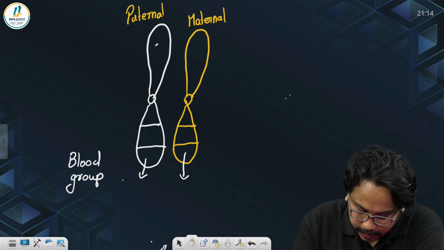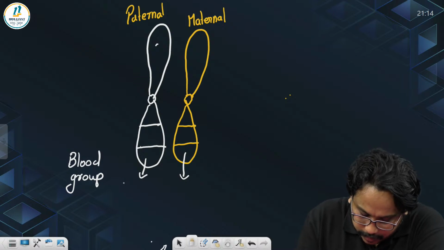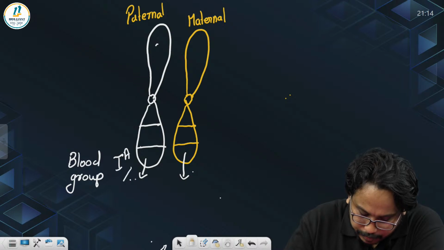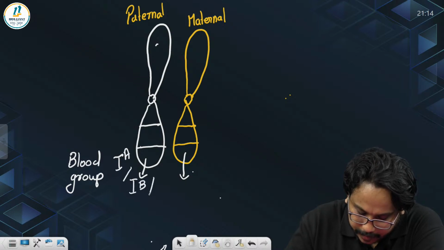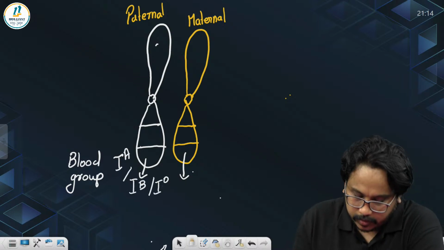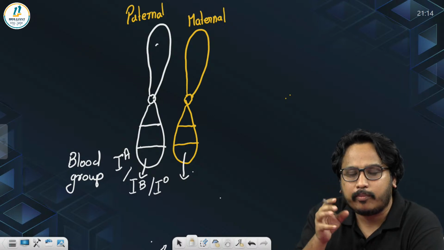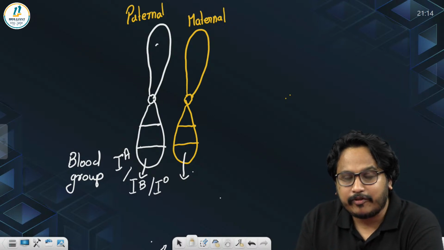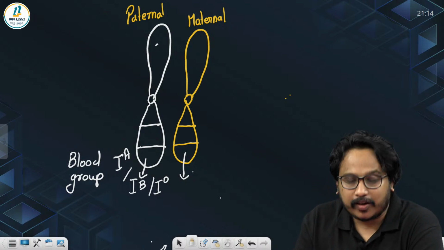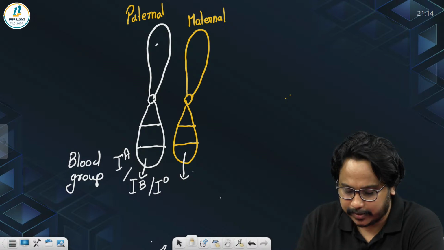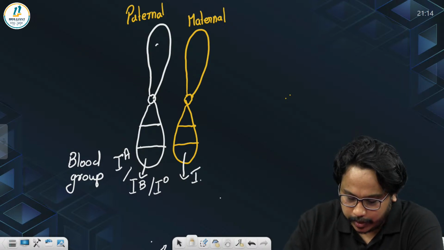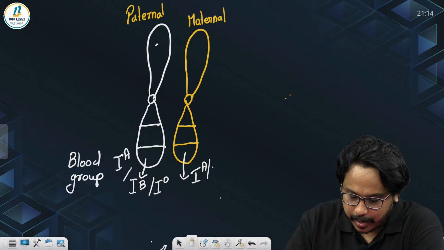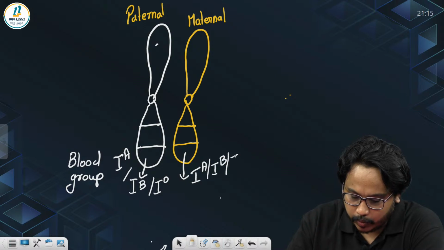So suppose here it is IA that is going to come, or IB, or it will be IO. So like this, when more than two forms of an allele are coming for a character, that is called multiple allelism. So this location also, it can be IA, IB or IO.